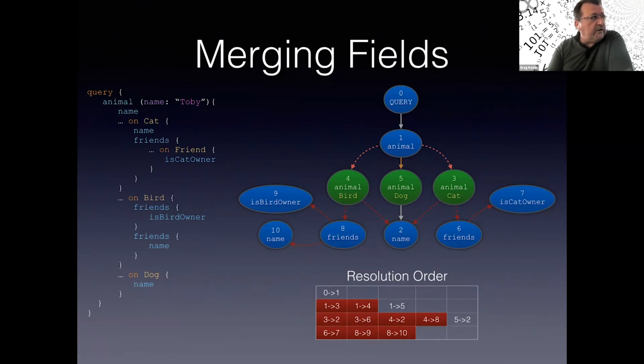And in this particular case, for this particular query, the only executable set of edges would be in the first bucket, 0 to 1. That is resolving the field animal to Toby. We know that Toby was a dog.